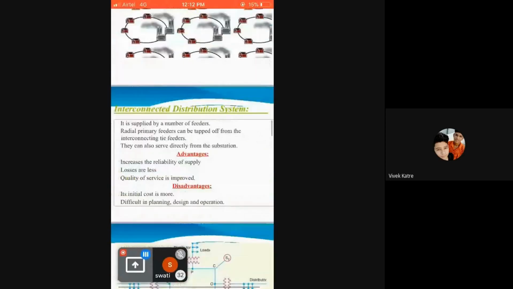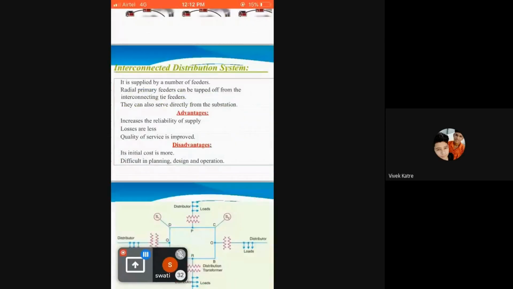In the rectangular path, you will see the primary ring. From this primary ring, we have taken out the distributors. One substation you can see on the left side of that triangular area, and from the remaining three parts we have taken out the distributors.